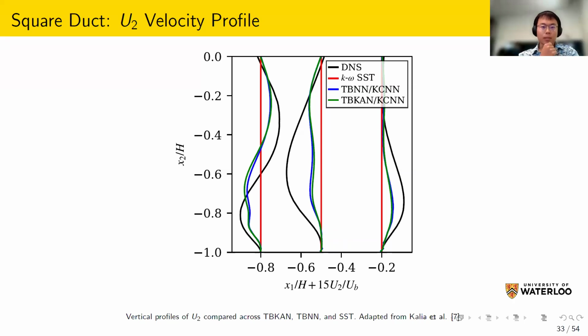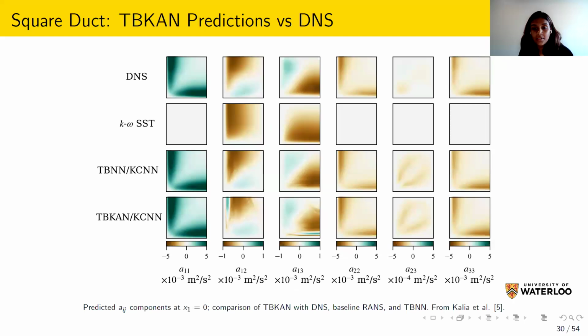I noticed the difference of the AIJ, maybe in the previous slide. This one? Yeah, it is pretty good. Is this result from the coupled system, or directly the output of the TBNN? This one is direct output, an a priori test.